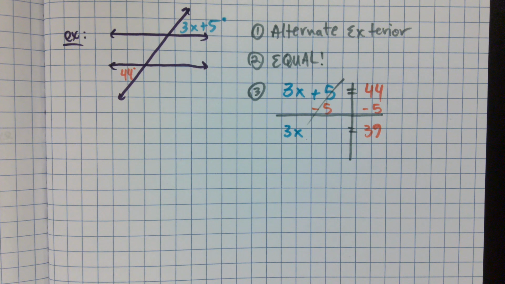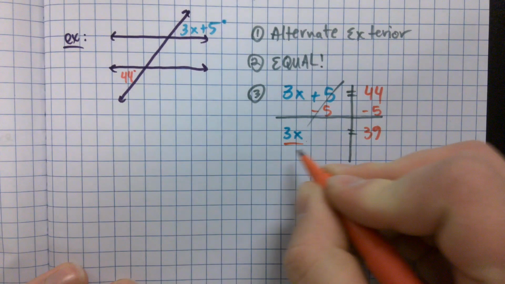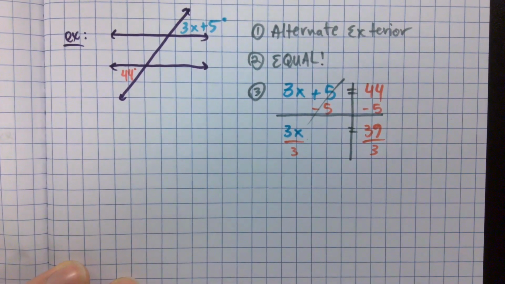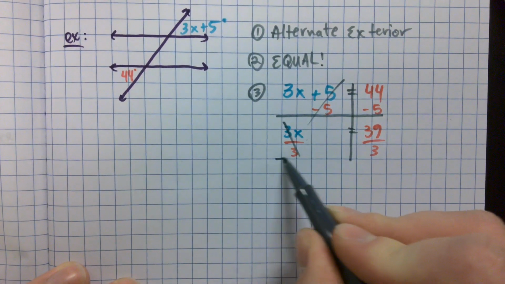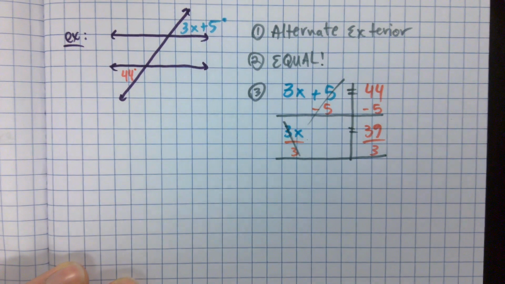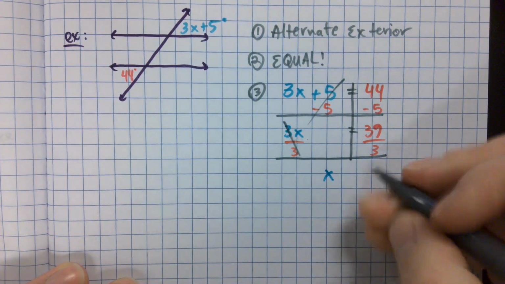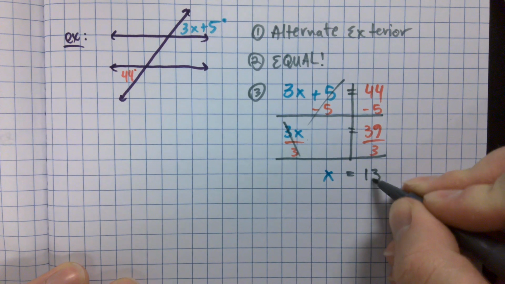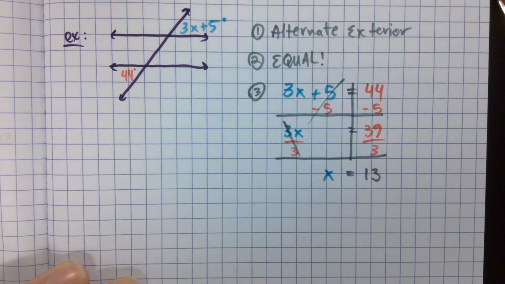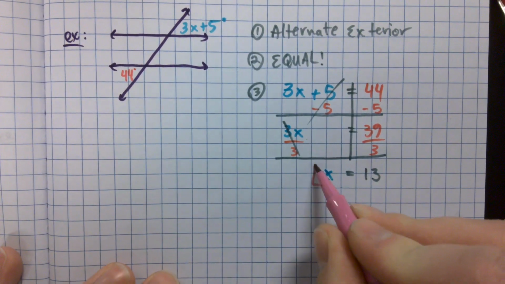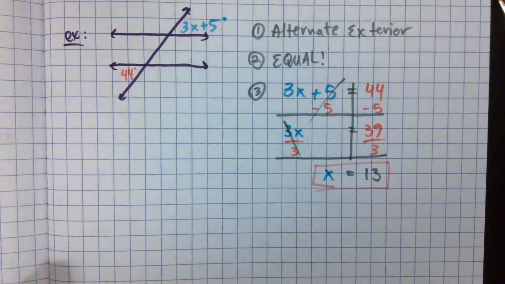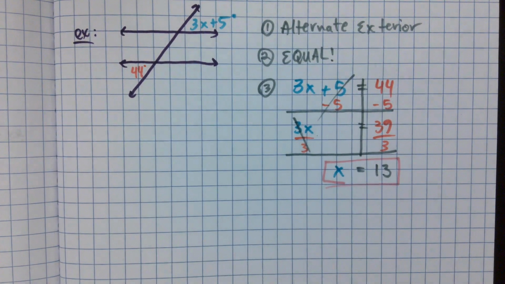What do I want to do now? Divide by 3. How many times would 3 go into 39? 13 times. There's my answer. x is equal to 13 degrees.